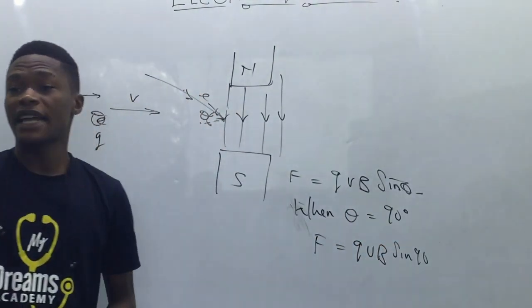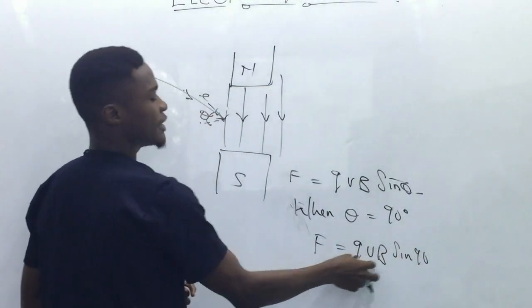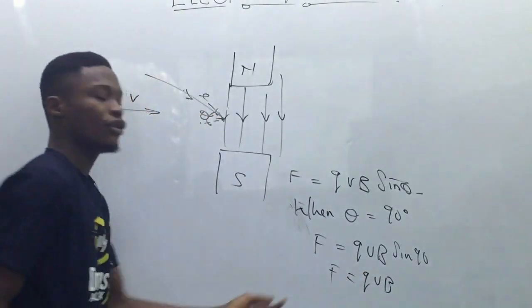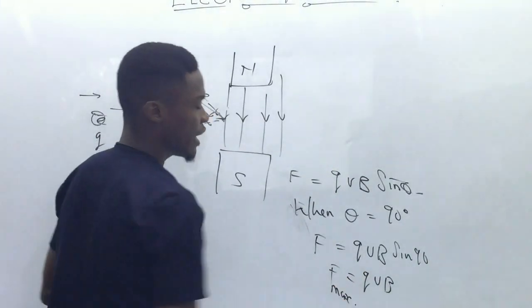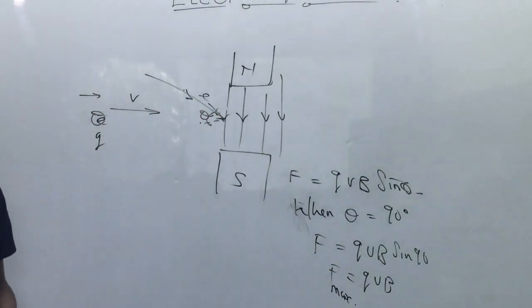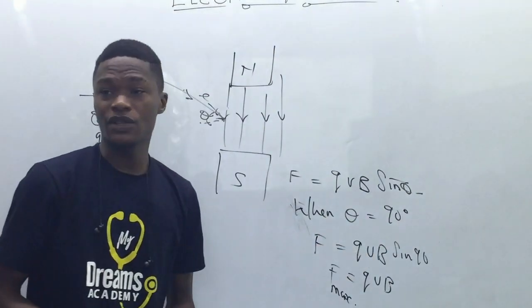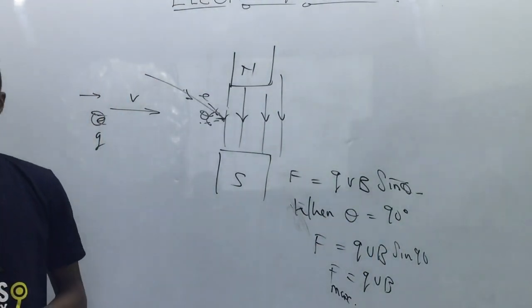And we know that the value of sine 90 is 1. So 1 times QVB gives us F equals QVB. This second equation is called the maximum force. The force on the charge is maximum when theta is equal to 90 degrees, that means when the charge enters the field perpendicularly.